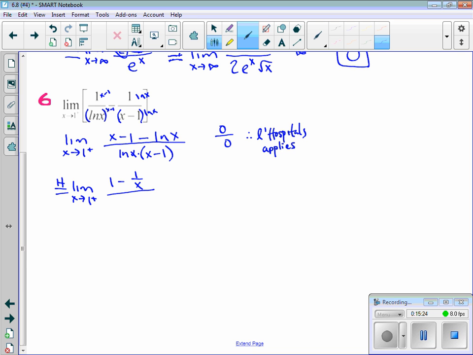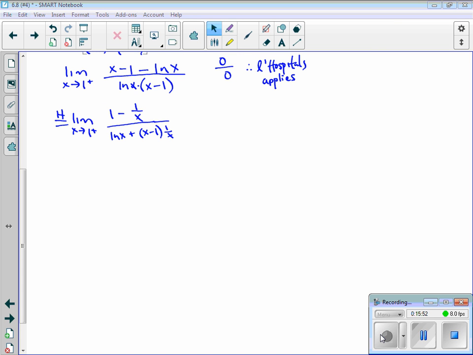Product rule. Okay, this is a product. There's two different things. So let's leave natural log x alone first, and the derivative of x minus 1 is 1, and then plus. And we leave the x minus 1 alone, and the derivative of natural log x is 1 over x. Okay, I'm going to give you a minute to work on algebra there, and then we'll come back to finish that.